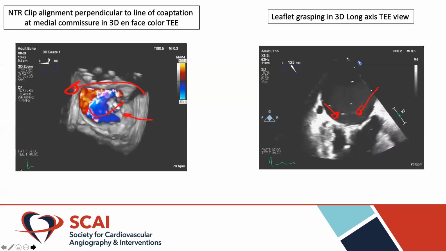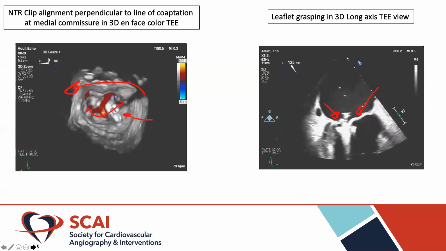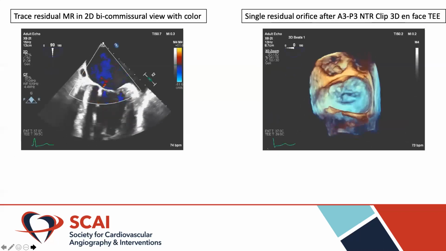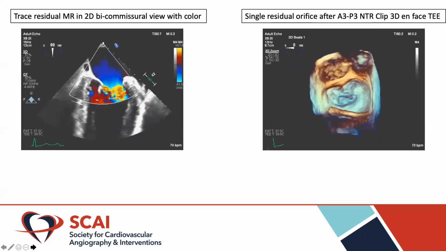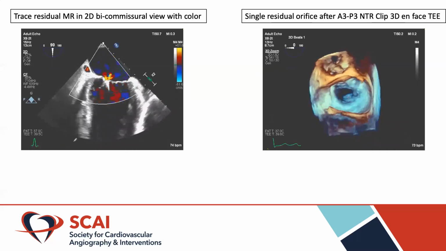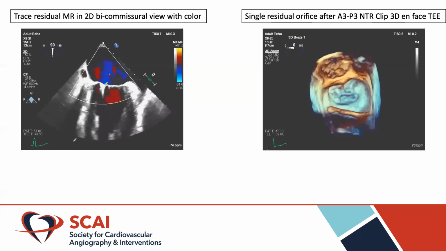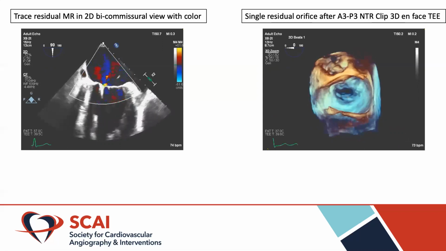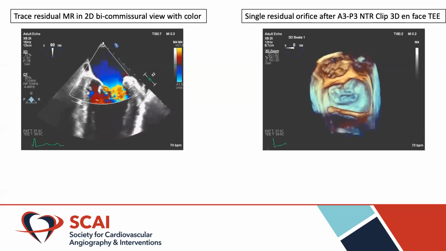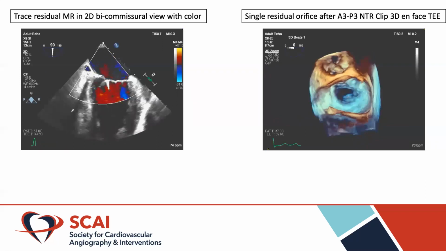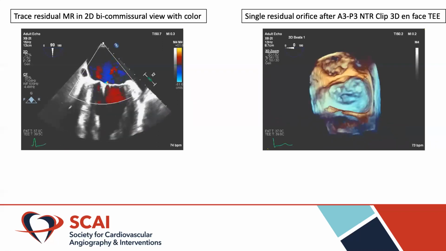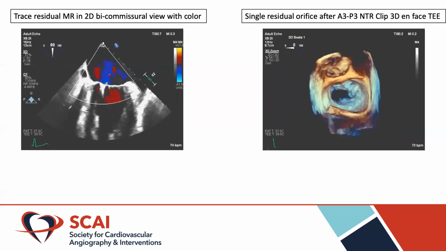This is the leaflet capture in the grasping view. And this is the final result in the movie on the left. You can see only trace residual mitral regurgitation with a stable clip that is medially located in this 2D bicommissural view with color Doppler.